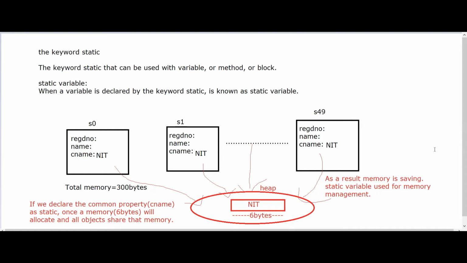When a variable is declared as static, one time memory is allocated and that memory is shared by all objects. As a result, memory is saved. In our scenario, 294 bytes of memory are saved. Out of 300 bytes, only 6 bytes of memory are reserved.